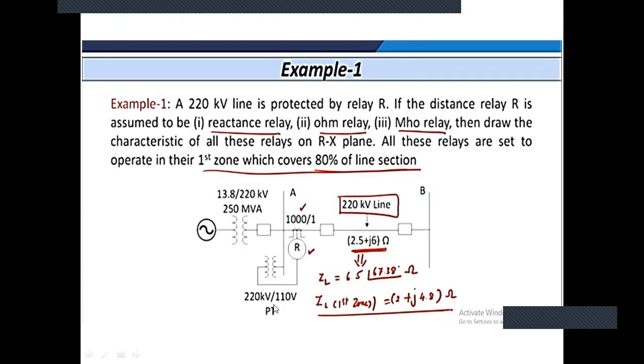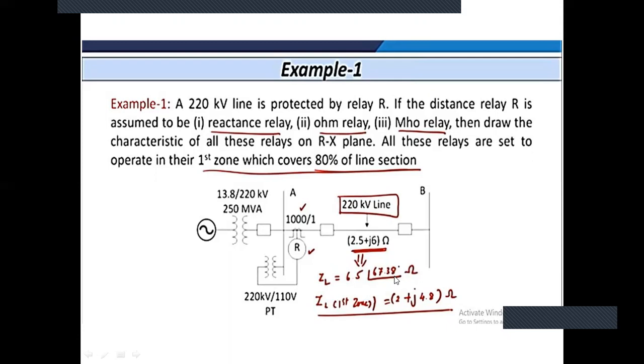The line impedance is given as 2.5 plus j6 ohm. If I convert this value into polar form, it comes out to be 6.5 at an angle of 67.38 degrees, in ohm. This is the ZL value.